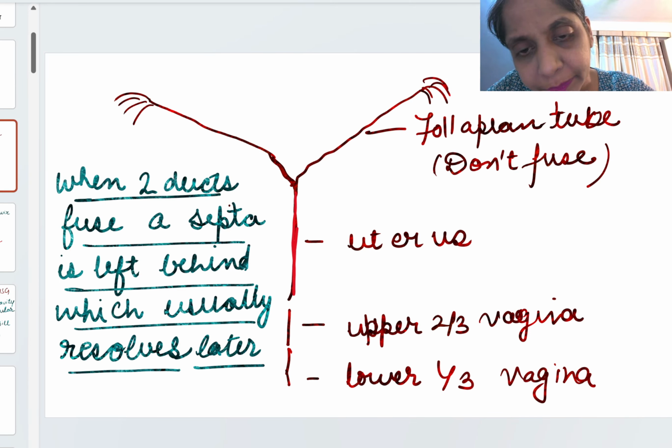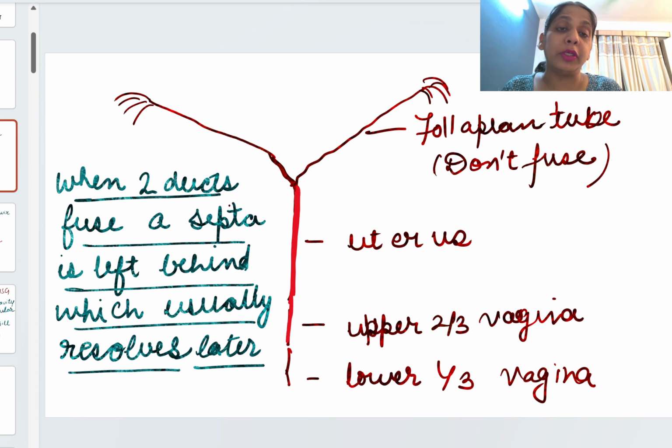See this part. This part of the duct and the part which is forming the upper two-third vagina fuse, and they form a uterus and upper two-third of the vagina. The lower part of the duct fuses, but the upper part of the Mullerian duct doesn't fuse and forms two separate fallopian tubes.